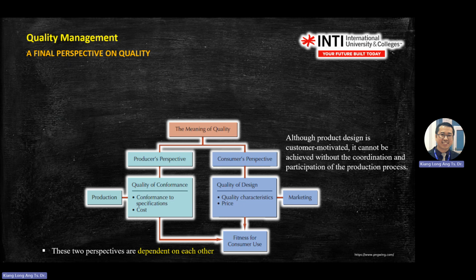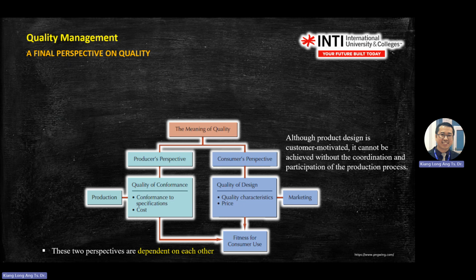Customer perspective, they look at quality of design, the characteristics and price. So there are these two different domains that you need to be careful about when you handle projects. One is on the left, the producer or your company, and the other is the consumer perspective where your product is going to be sold to the end user.